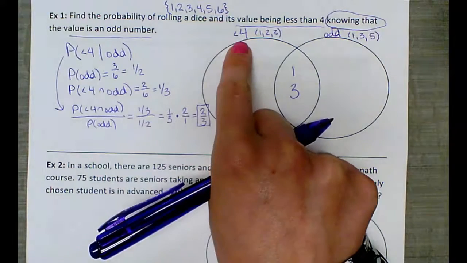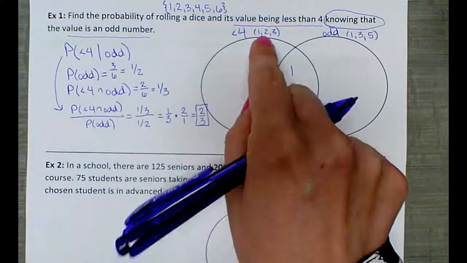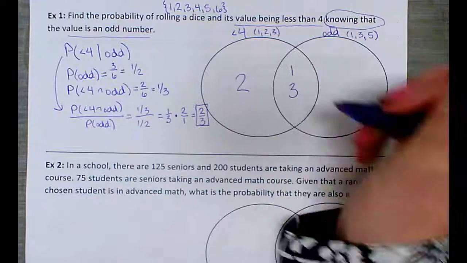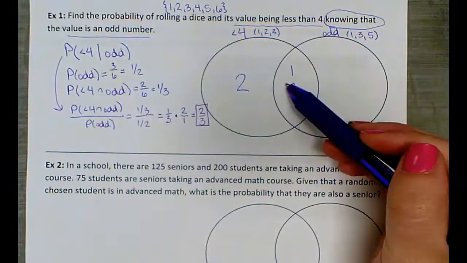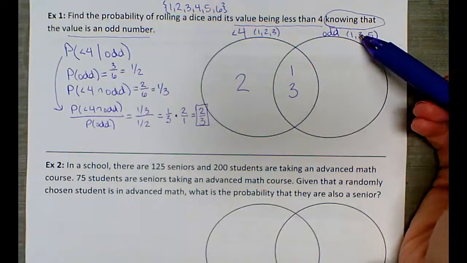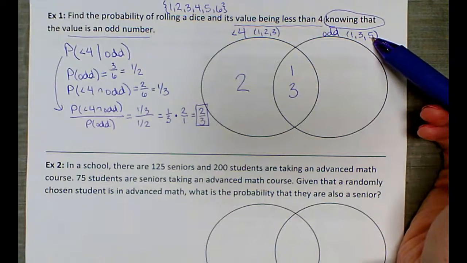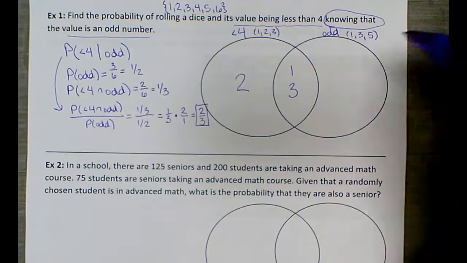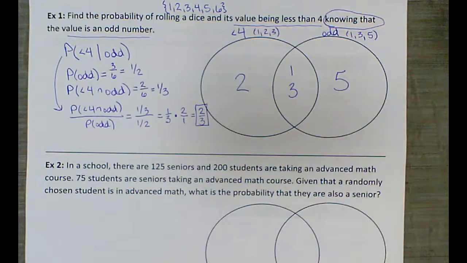The number less than 4 that is not 1 or 3 is 2. So 2 goes in that circle as well. It's just not also an odd number. And then same thing here. 1 and 3 are odd, but 5 is also odd. It's just not also less than 4. So 5 belongs in the Venn diagram, but it doesn't belong in the middle.